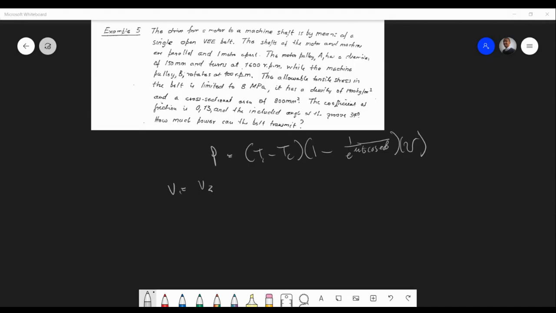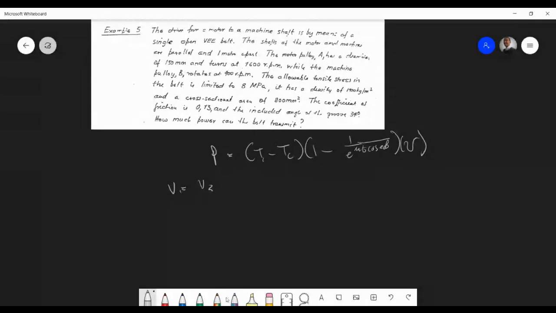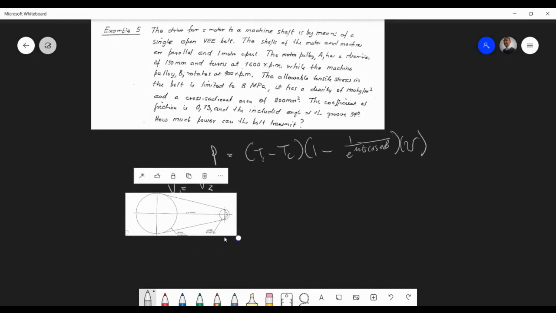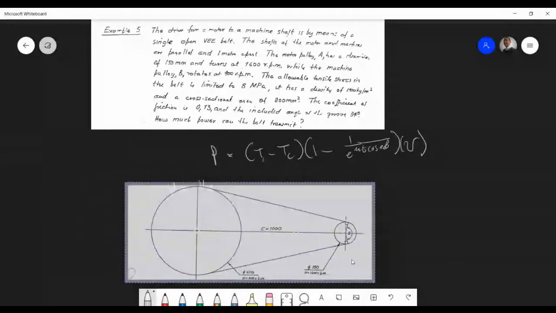Here are my notes. Give me a second, I'll paste that for us. So we have a picture. Example 5. Got it. So here's the sketch. That's what we're dealing with.